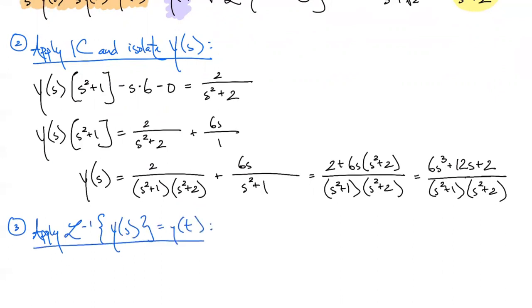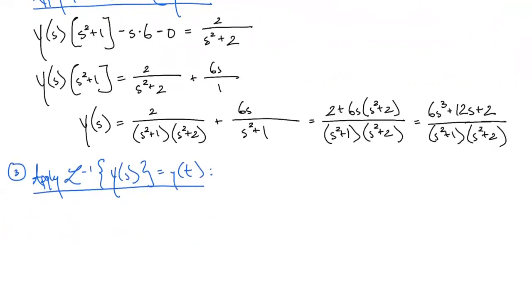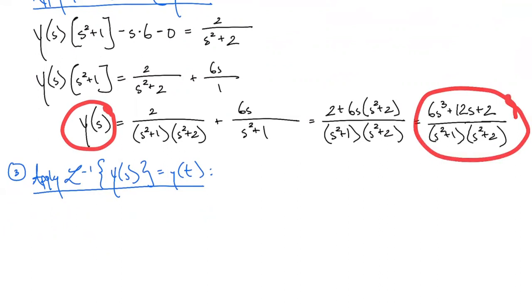Now we get to return to our t land, right? And when we take this inverse Laplace, we are taking the inverse of the left-hand side and we're taking the inverse of the right-hand side.